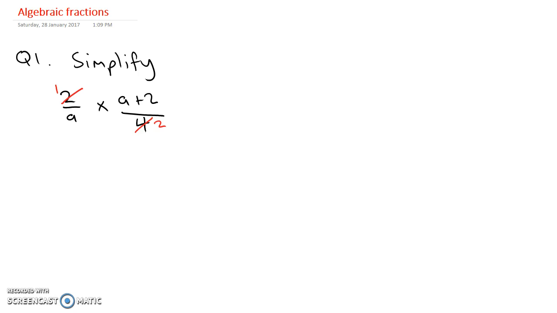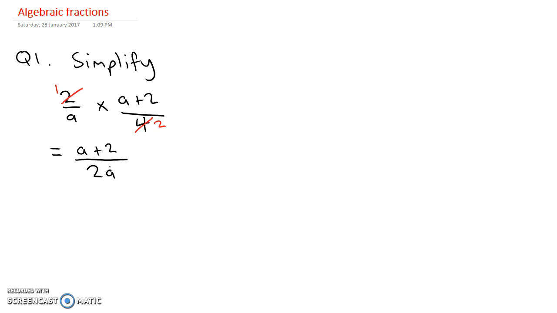So our numerators, we multiply 1 times a plus 2, which just gives us a plus 2. And our denominators, we're multiplying a times 2, which gives us 2a.